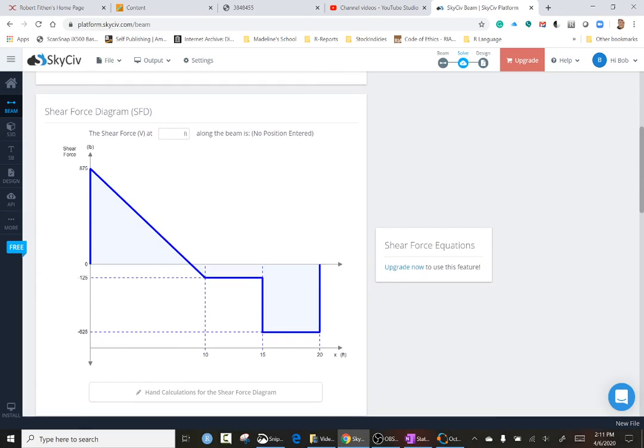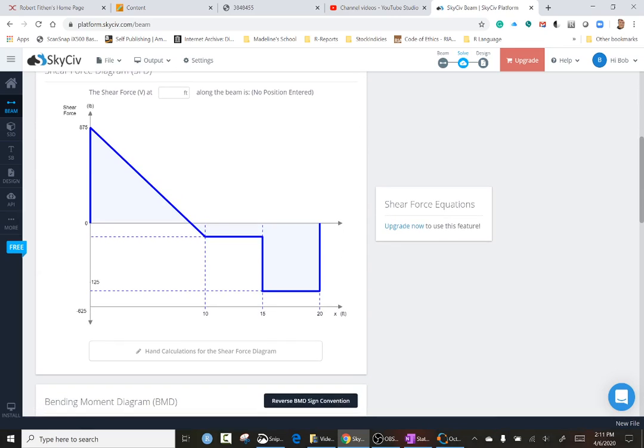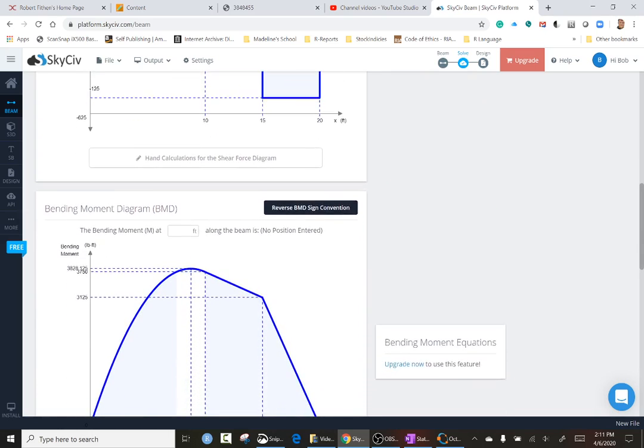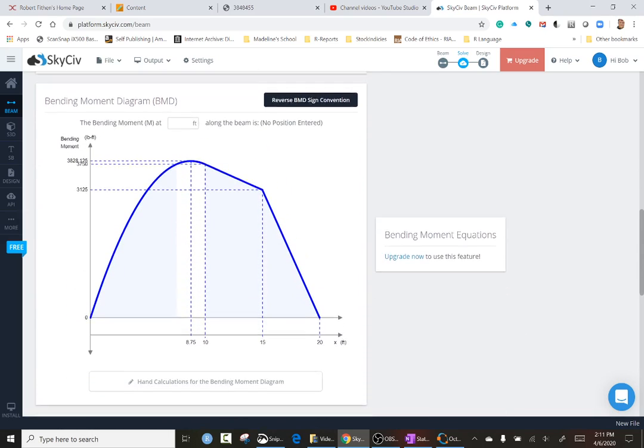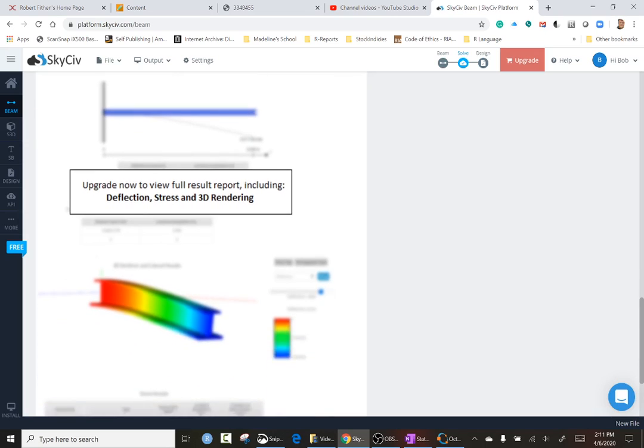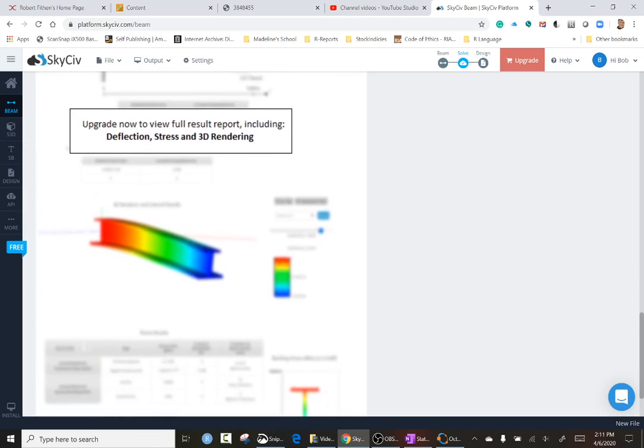Here, you will see a shear force diagram. You're not required in this course to know that, but in mechanics of materials you will. And here's a bending moment diagram. There's a deflection and some stresses. You've got to pay for that.